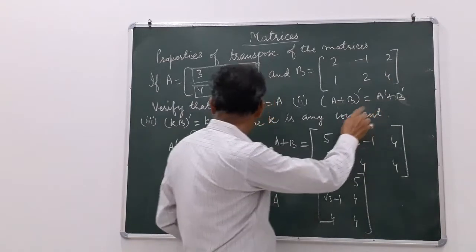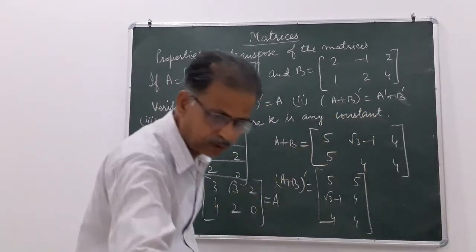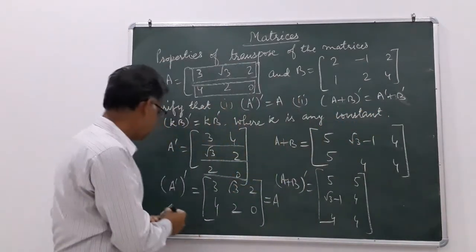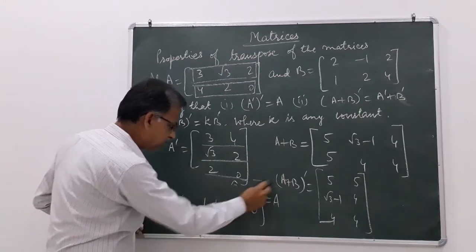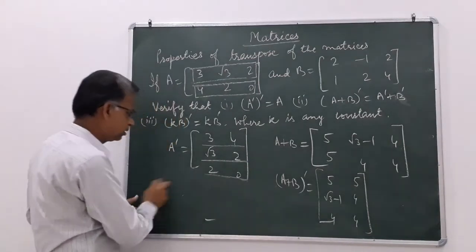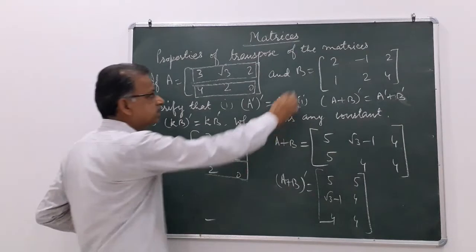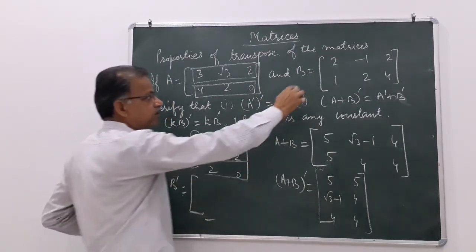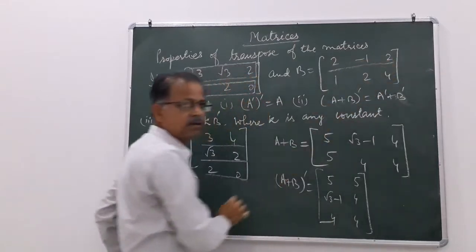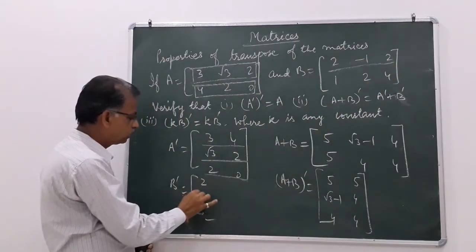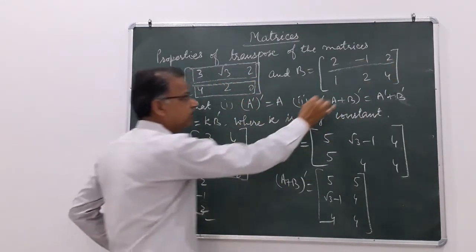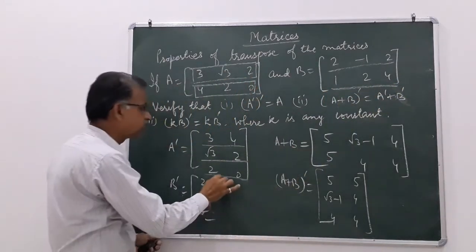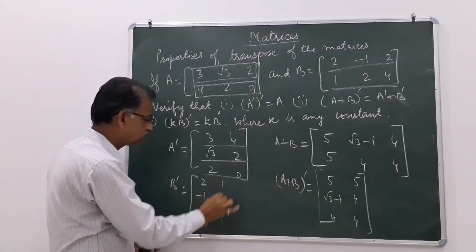Now transpose of A is written here, and what is transpose of B? We convert this first row in first column, 2, minus 1, 2. We convert this second row in second column, 1, 2, 4.